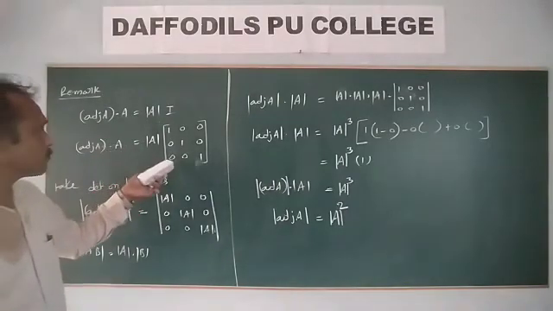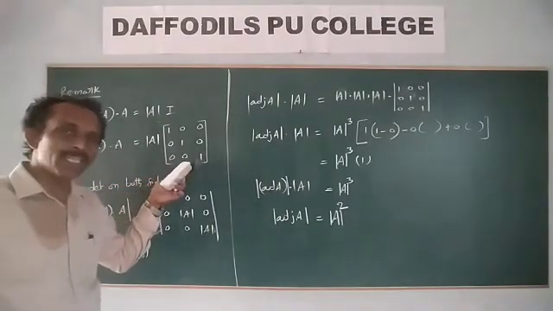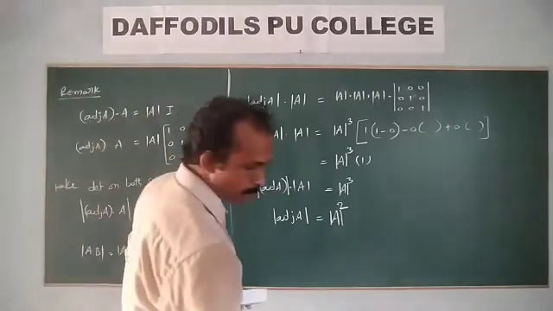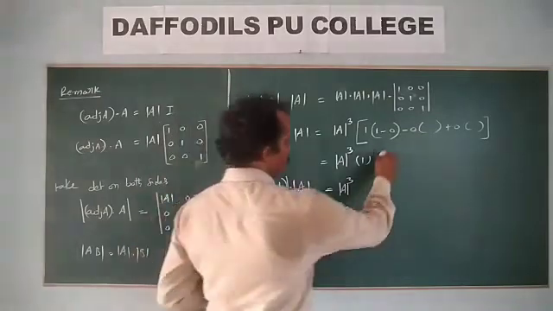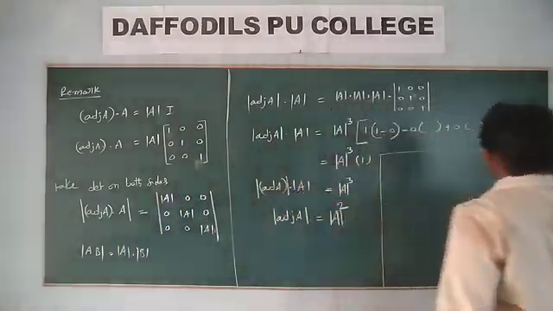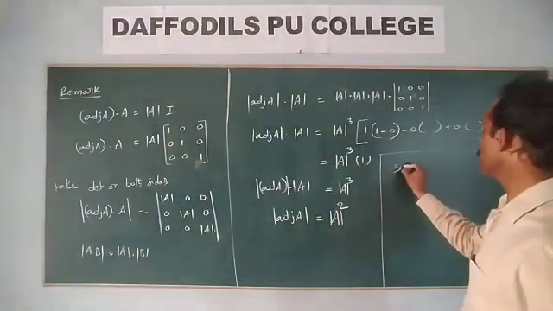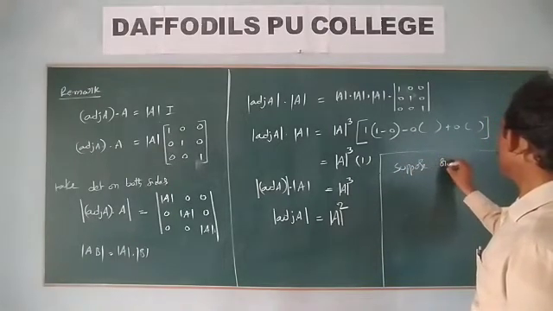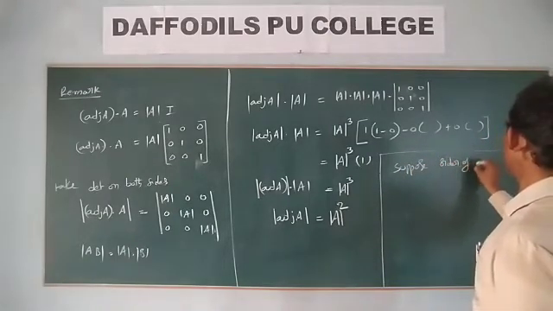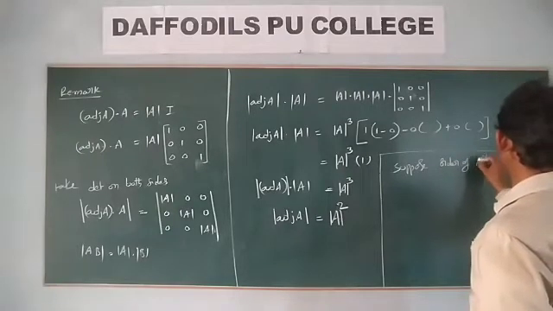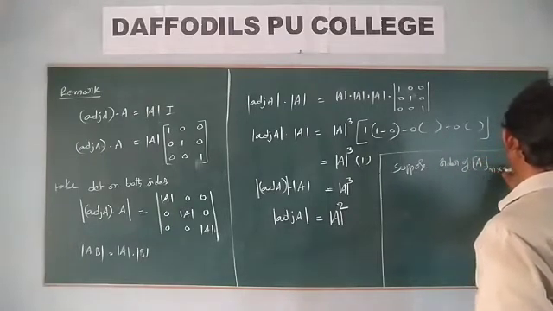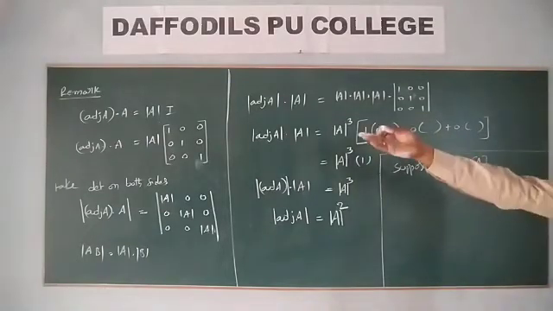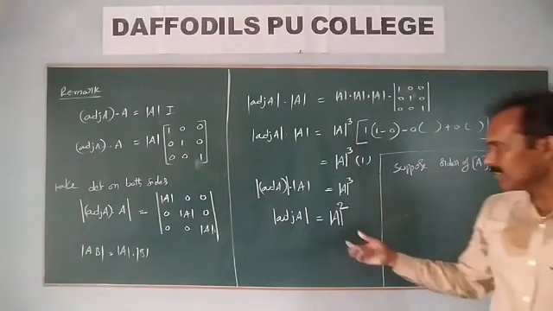When the order of the matrix is 3 by 3. Suppose the order of the matrix A is n by n. That is 3 by 3. What will we get as the final answer?